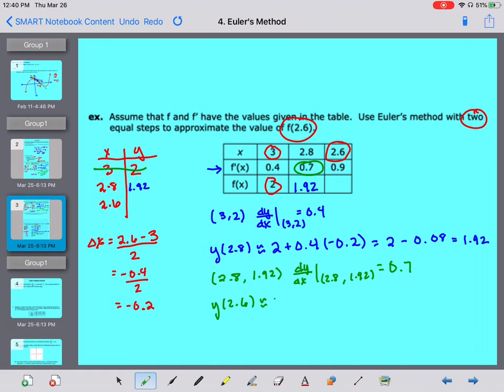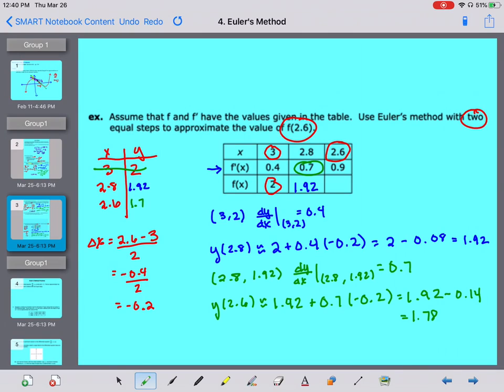So then our y value, which is 1.92, plus our slope times our change of x, which gives us 1.92 minus 0.14. And after we calculate what that is, we get 1.78.